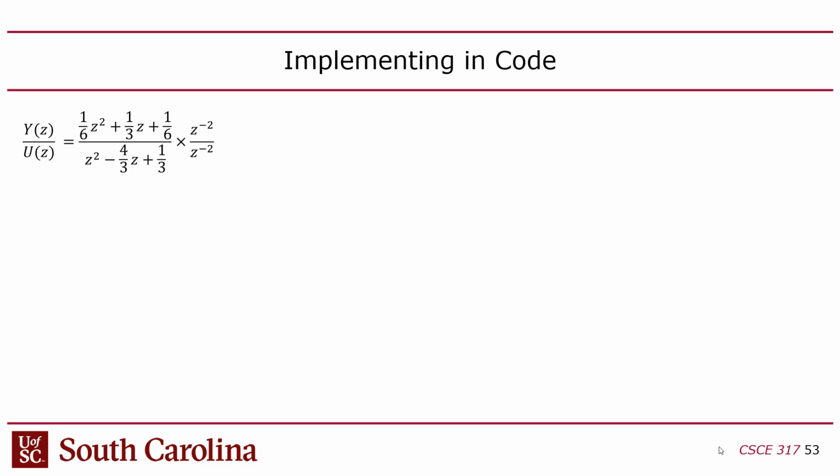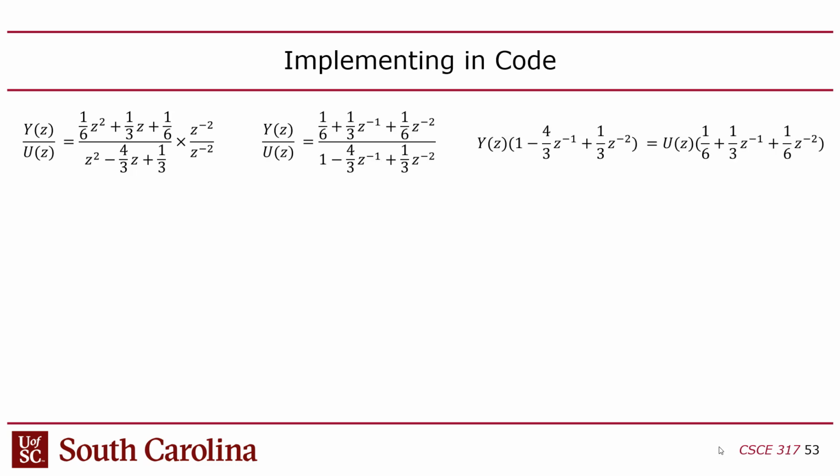The way you do it is you have to put it into a form where the output, remember the output is y and the input is u, is calculated as a function of u simply by multiplying it by versions of z.